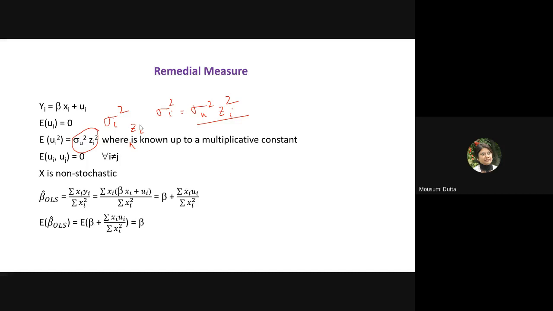In the next step, if we consider expectation of beta hat OLS, we get this to be equal to beta. So in presence of heteroscedasticity, the unbiasedness property of the OLS estimator is not disturbed. I'm repeating: the OLS estimators will still remain unbiased.